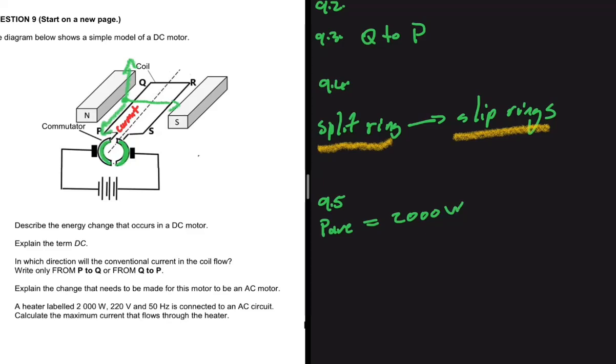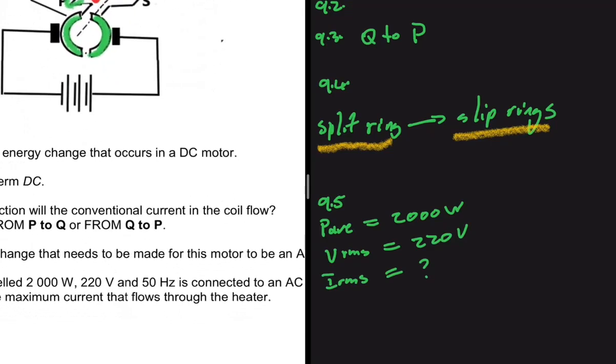And then we have VRMS, which is 220 volts. And in order to find the maximum current, we will need IRMS first. Why am I deciding that this voltage that is given is VRMS and not Vmax? How do I know that it is VRMS and not Vmax?